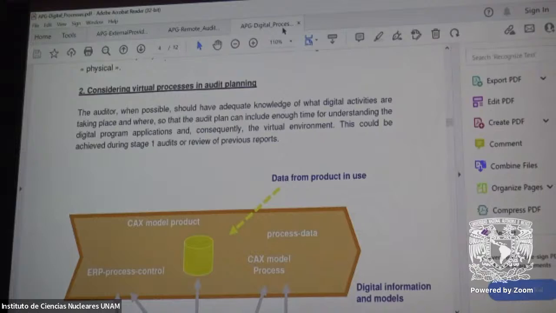If you read the guidance on the statutory and regulatory aspect, it says the auditor should have sufficient knowledge of the regulations that the organization is taking. So now, as an auditor, you have to become a computer expert and a legal expert. It's becoming very complicated.